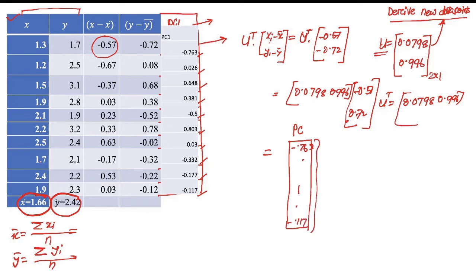These are given as the new principal component 1, the new data points of the given dataset, derived using PCA.